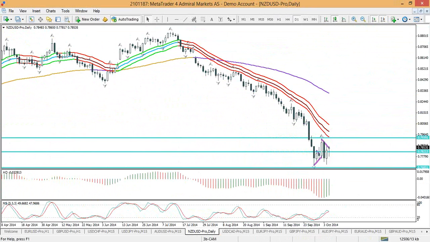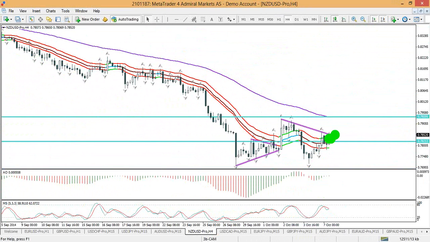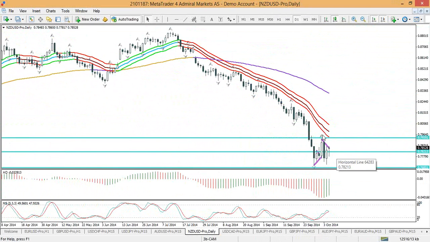Why an early retracement? Because price isn't even in the 21. Whereas on the 4-hour chart, price is above the 21 and going to the 89. So each time frame has its own specific spot.